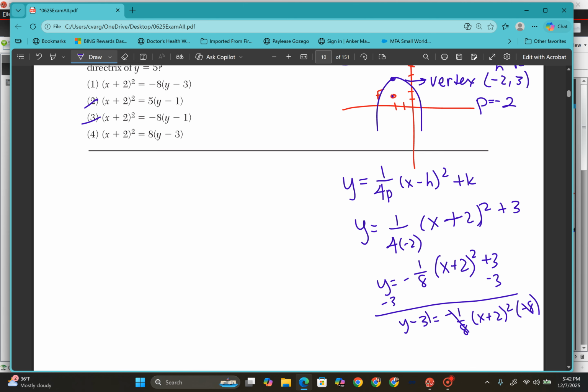Multiply this by -8. Okay, so then I have x plus 2 squared is equal to -8 times y minus 3. And that is there as choice number 1. There we go.